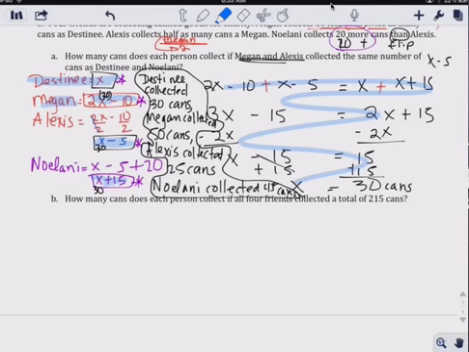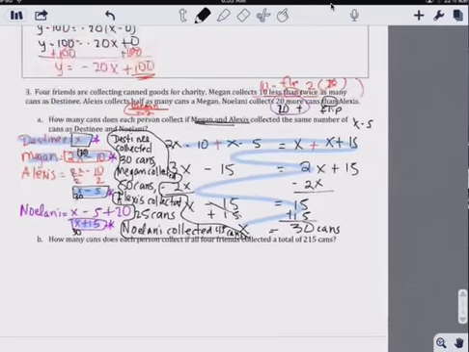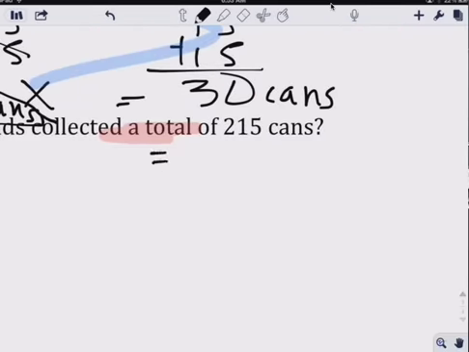How many cans does each person collect if all 4 friends have a total of, okay, this says collected the same amount. So that's why we put it equal to. Same amount, equal. This is a total, so you need to make sure that they equal 215.